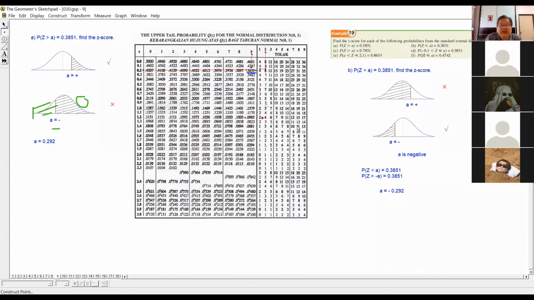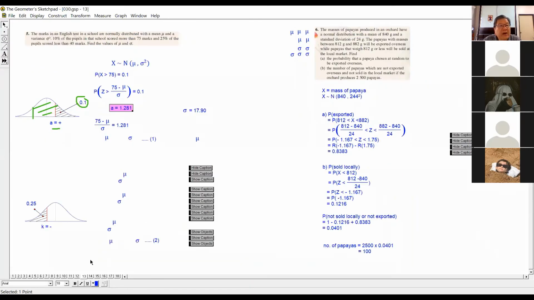So the answer is 1.281 or 1.282, and I choose 1.281.